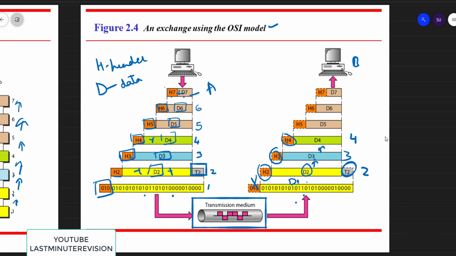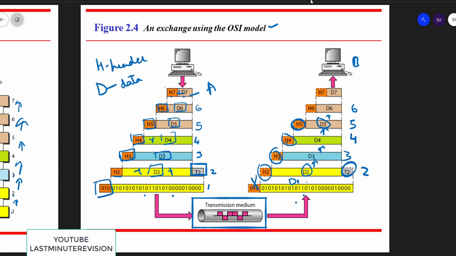Here again H4 is removed and the D4 is forwarded to layer 5. The layer 5 is the session layer. In that one, again H5 is removed and it is left with only D5, data 5. The data 5 is again transferred to layer 6, that is the presentation layer.